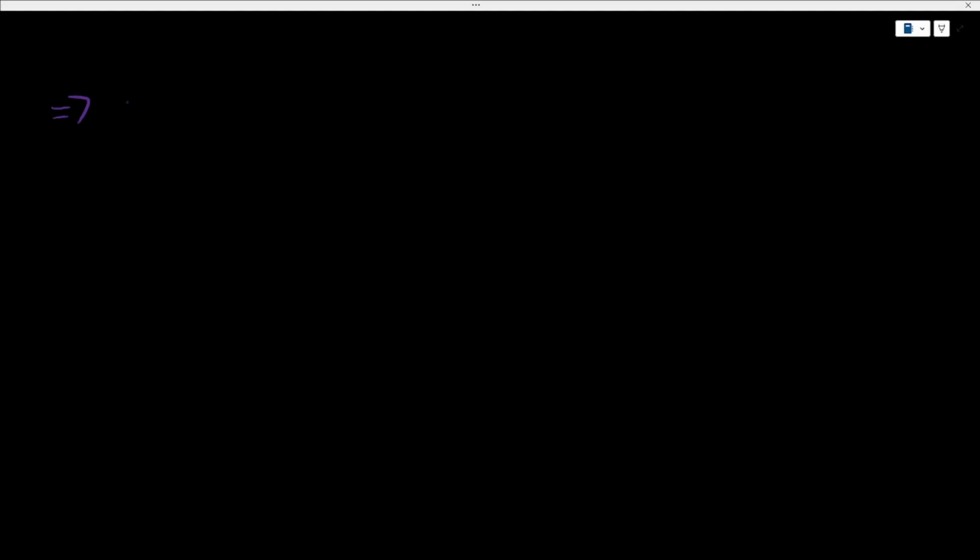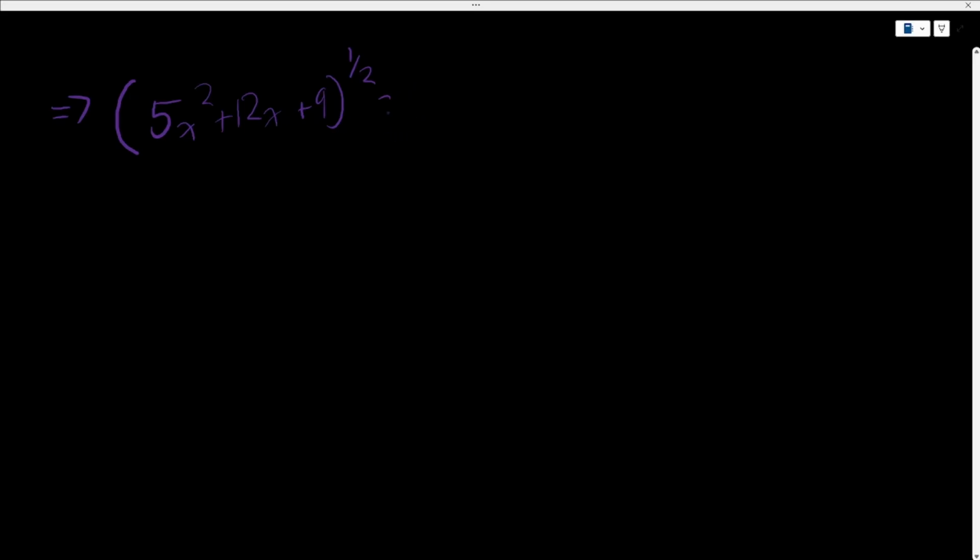So to use the chain rule, let's rewrite this in exponent form instead of having the square root. So I'll have (5x squared plus 12x plus 9) to the 1/2 power. This will make visualizing the chain rule a little bit easier.